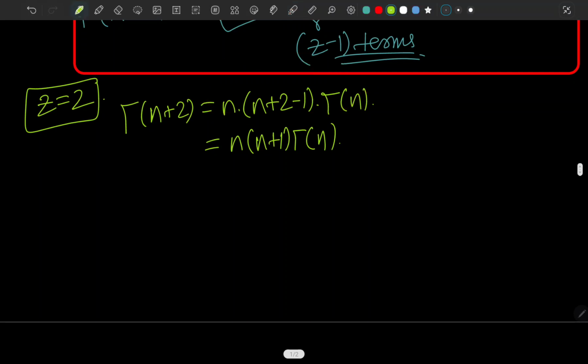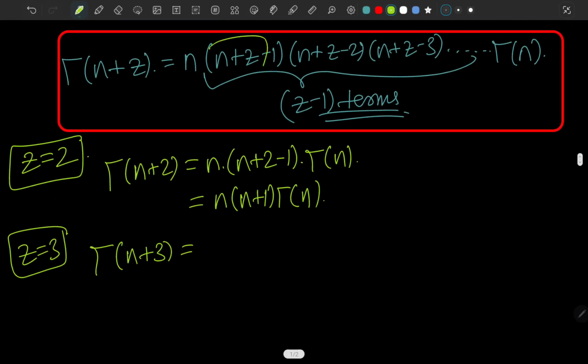For your convenience, let's take z equals 3. We take only two terms as 3 minus 1 is 2.